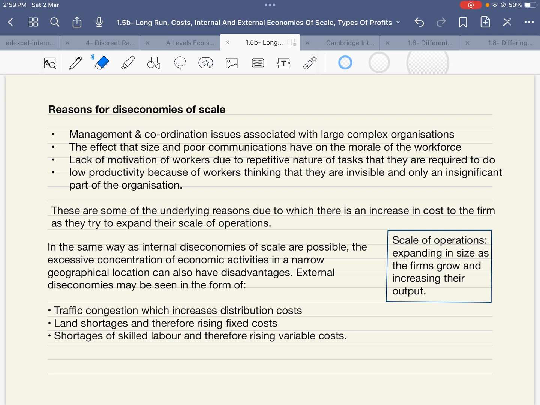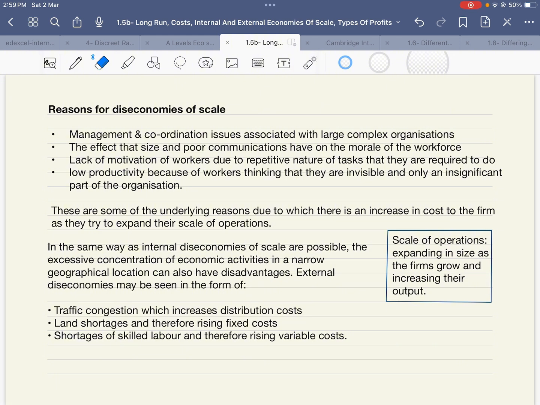Poor coordination leads to workers feeling left out, unvalued and unheard. Research suggests that employees who feel that they do not belong in the organization, or that they are an insignificant part of the organization, have quite low satisfaction levels.